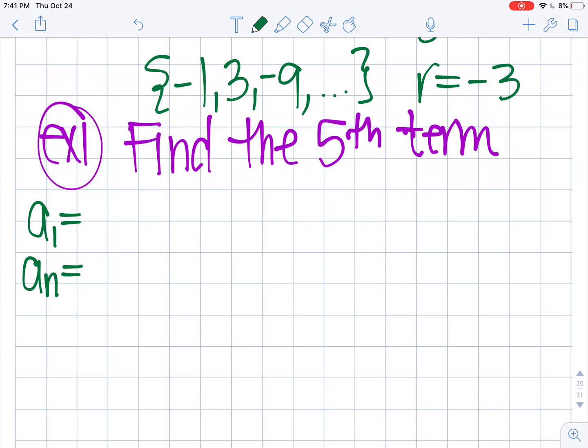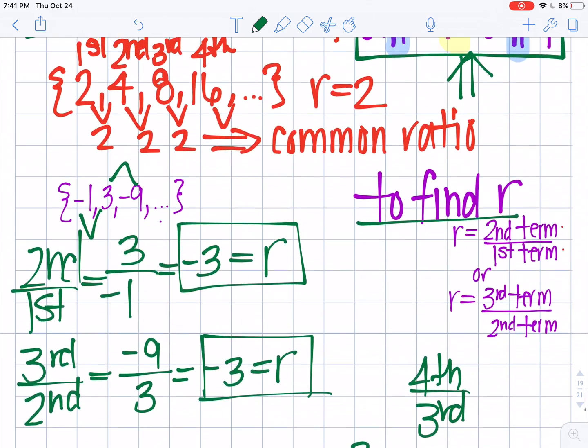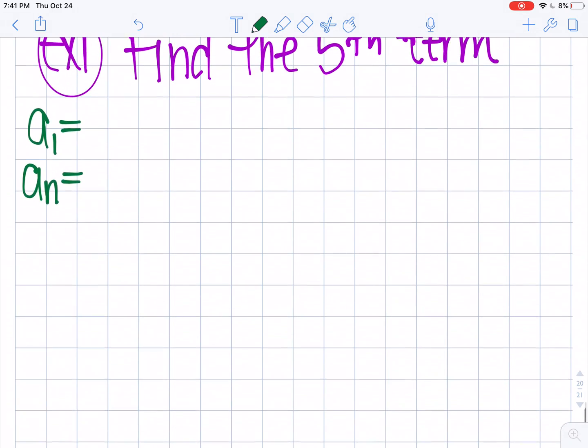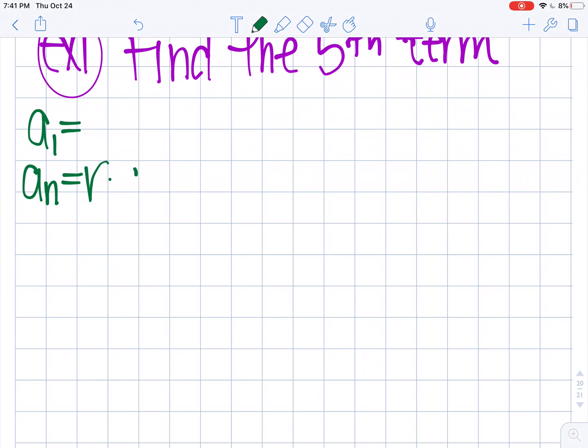And to find each next term, I'm going to take my ratio times a sub n minus 1. This right here stands for previous term.